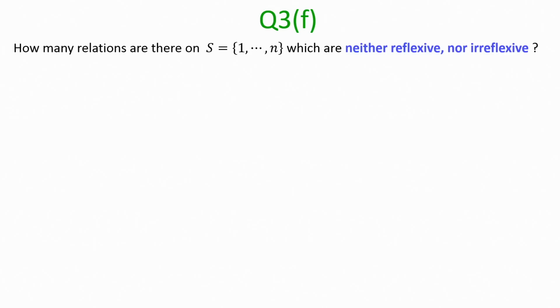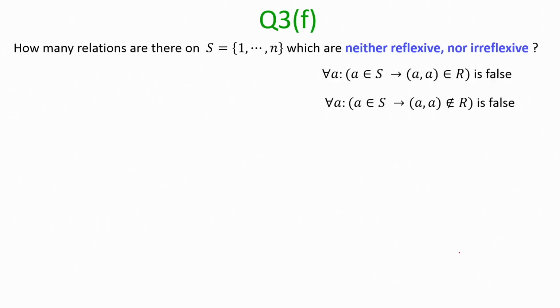The last part of the question: I have to find out the number of relations which are neither reflexive nor irreflexive. Okay. So, not reflexive means this universal quantification should be false. That means, at least one element a should be there in the set S such that (a, a) is not present in the relation, then only this universal quantification can become false.